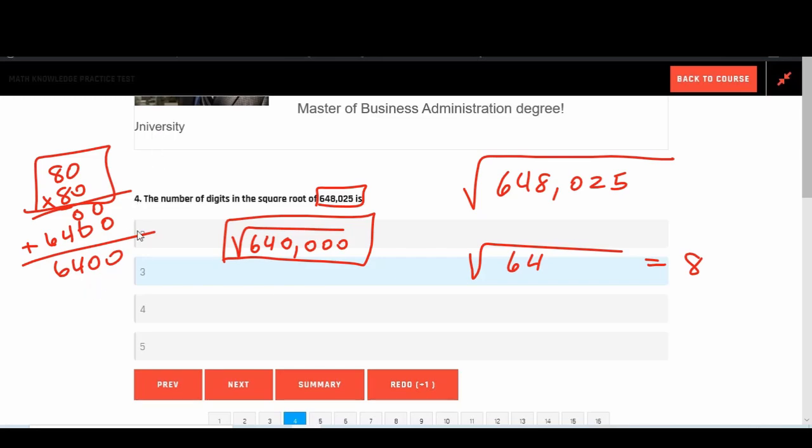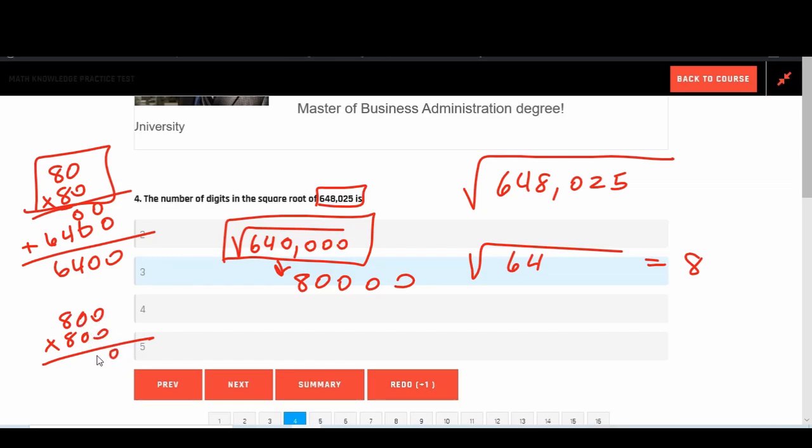Let's go ahead and step that up one more to do 800 times 800, because we know this is going to be 8 something, because the square root of 64 is 8, therefore the square root of 640,000 is going to be 8 something. We have to figure out how many zeros are going to be in this answer, so let's try 800.